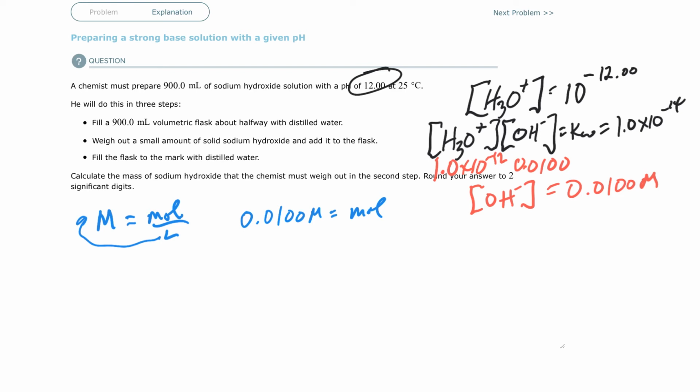So I've got 900 milliliters. How many liters is that? It's going to be 0.900 liters times the 0.0100, and you'll end up with 0.009.